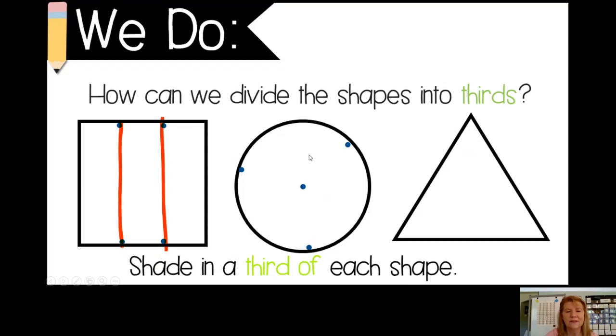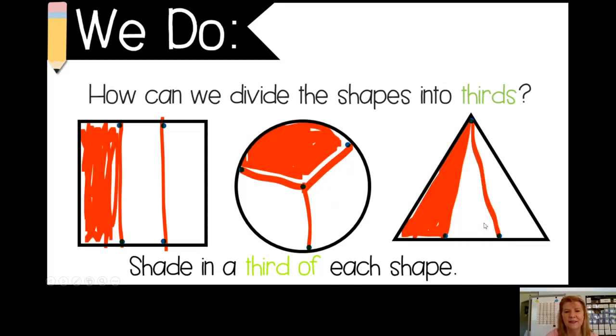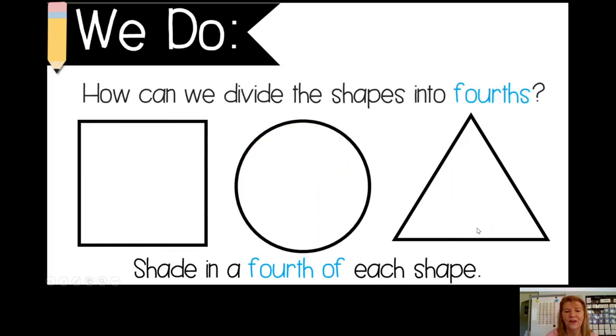The circle was a little more difficult. We had to put the dot in the middle for the thirds. So your dots and then your lines. The triangle, your dots, divide the bottom side into thirds and then draw your lines, and then we'll shade, and it's 1/3.